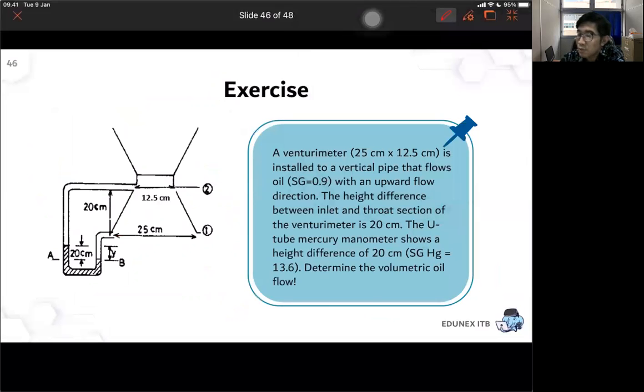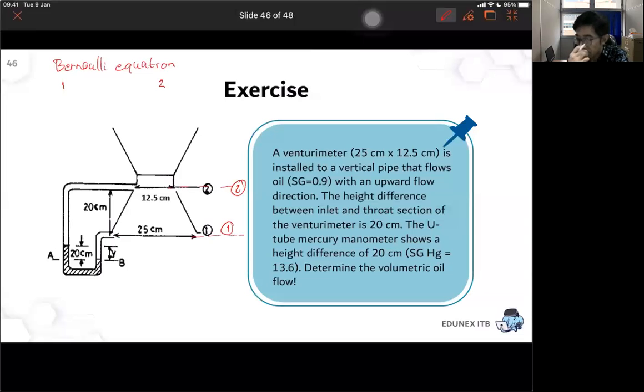So basically, you are using the Bernoulli equation between position 1 and position 2. Position 1 is here. And position 2 is this one. This is a Venturi, right? But you put it vertical.